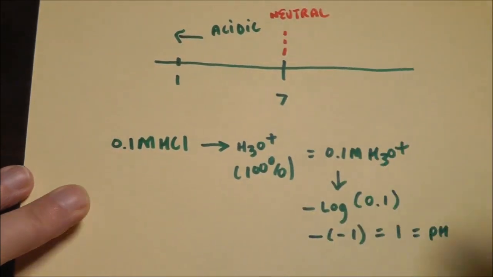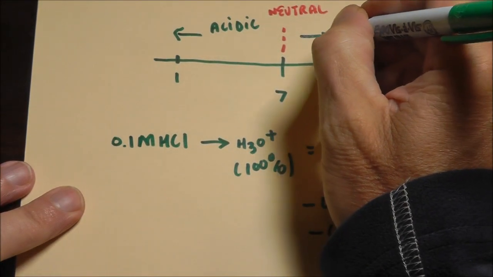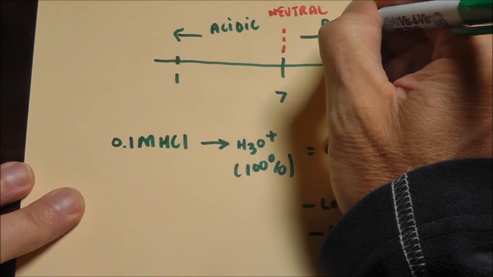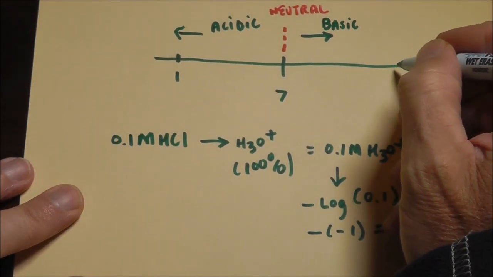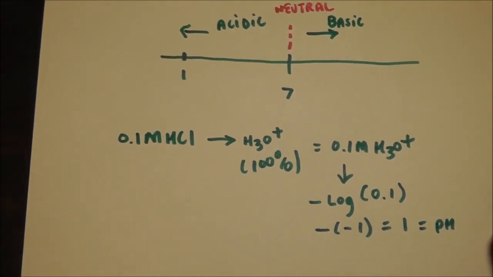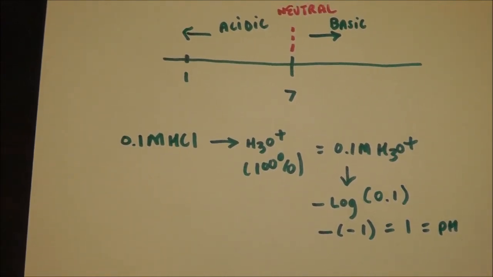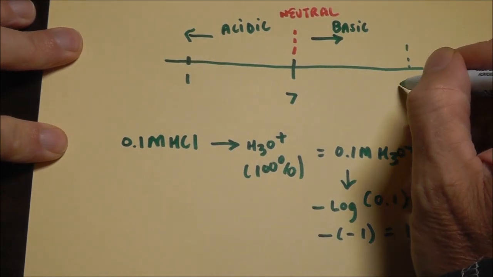And if the pH was above 7, that's what we call basic. In the rest of the world, we call it alkaline. Here it really gets to the point where you have to calculate a bunch of stuff, which we're going to do as an example next. So what you have here is basic.